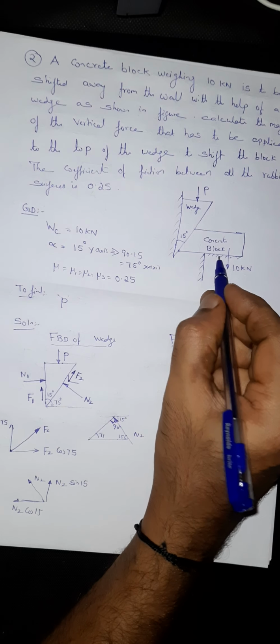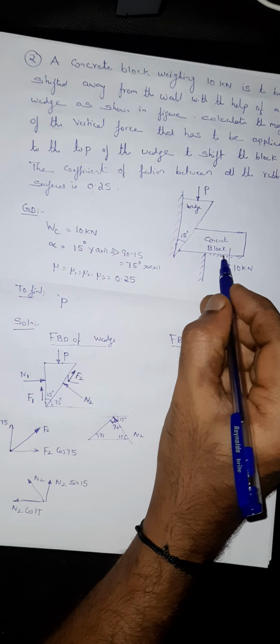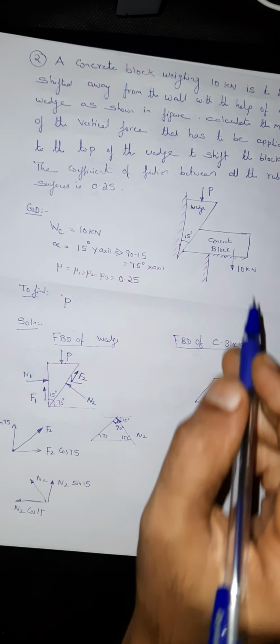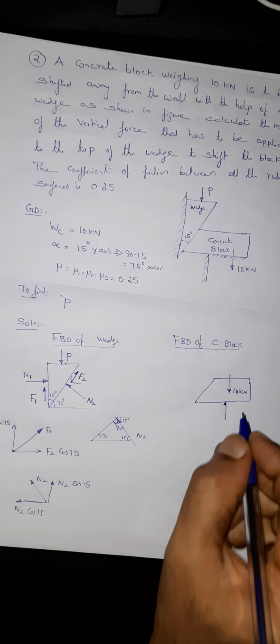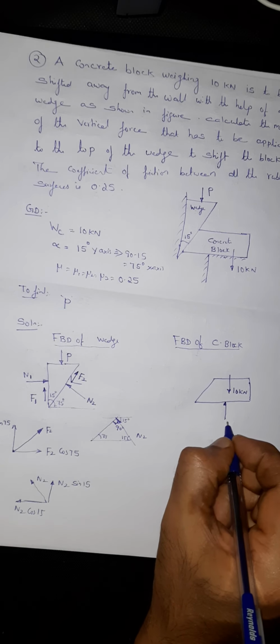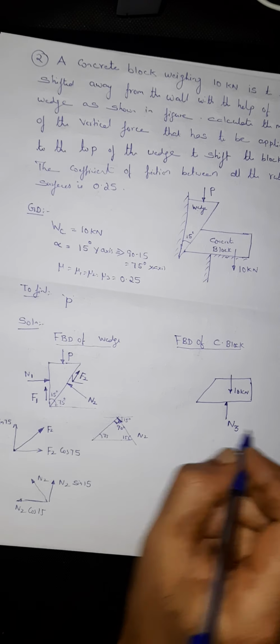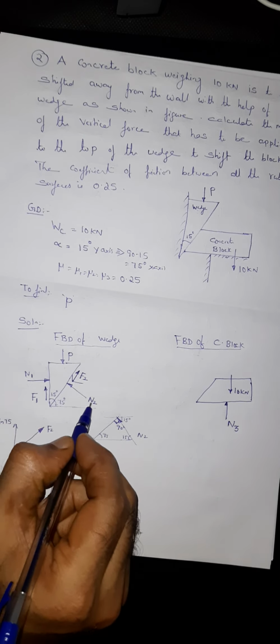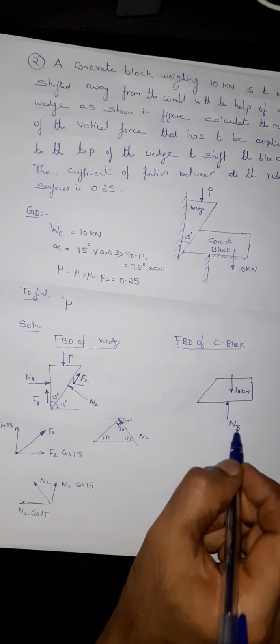Look here, the surface is in contact, there is a floor in contact with the concrete block, so therefore there will be a reaction towards the center of the block. This can be mentioned as N3, because you are already given N1, N2 notation. So for this reaction I am giving the name N3.